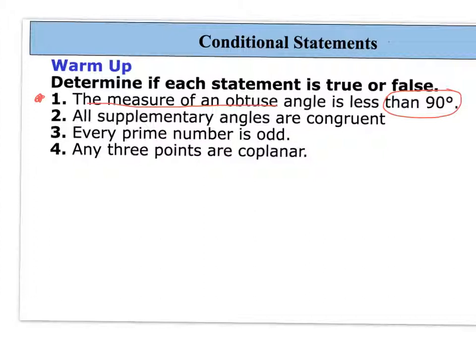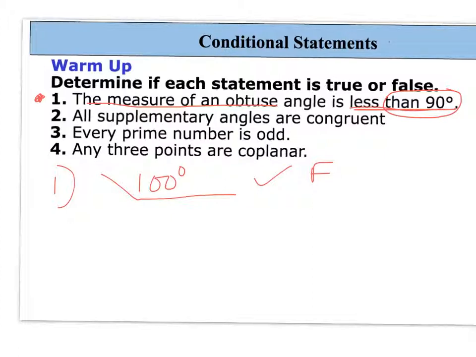An obtuse angle, we could say it's 100 degrees, and let's check. Is 100 degrees less than 90? No. So there's our counterexample, we're done. That would be considered false. An obtuse angle is not less than 90 degrees. To find out if it's false, you just try to find a counterexample, and if you can't, then you say it's true.